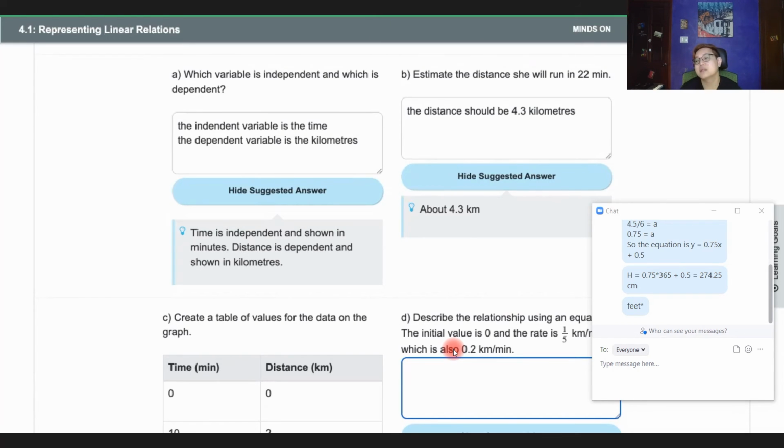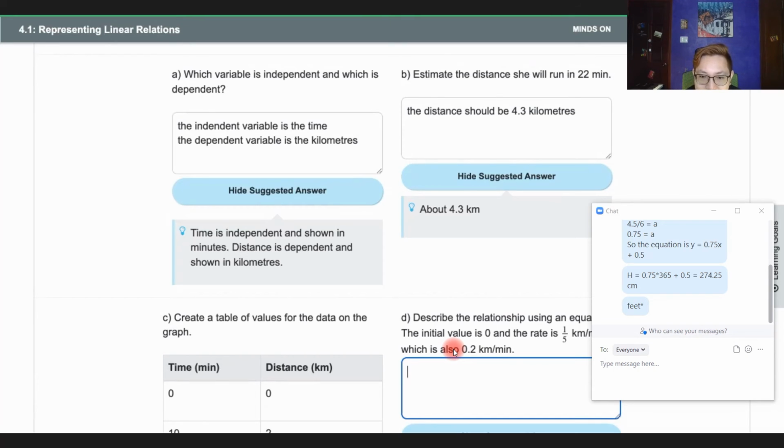Initial value is 0. So basically, b equals 0 now. Rate is 1 over 5 kilometer per minute, so it's also 0.2. I mean, 1 divided by 5 is 0.2, of course.